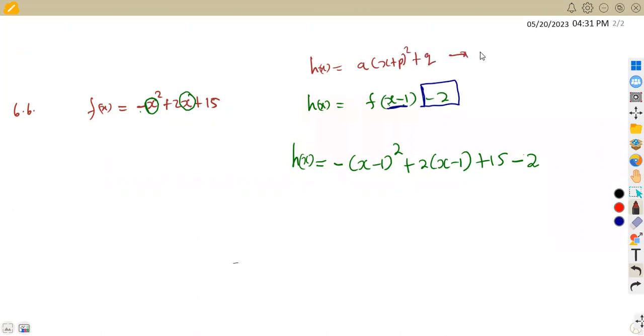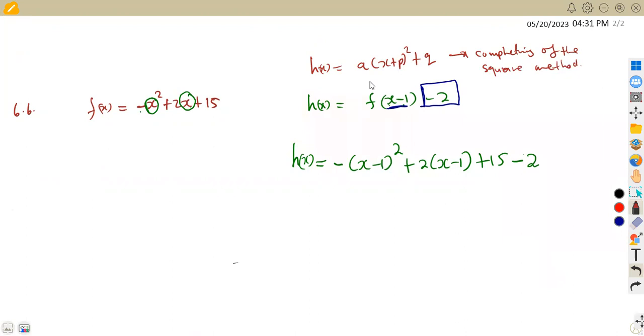This is a format that is taken from the completing the square method. All right, this is where we took this format from.